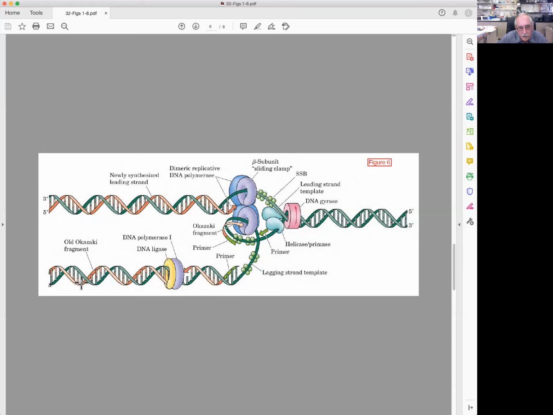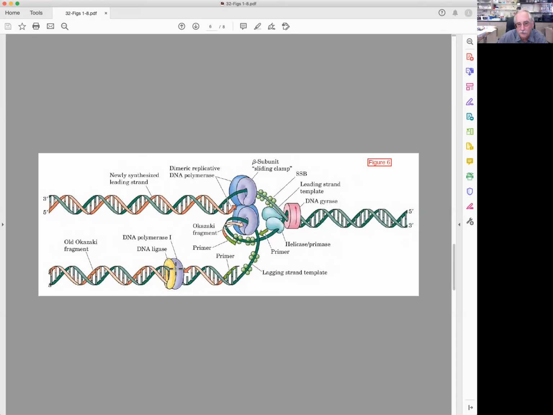So the Okazaki fragments are here, but they're not ligated together. So that's another role of DNA ligase, as opposed to DNA polymerase, is it ligates those strands into one long one again.